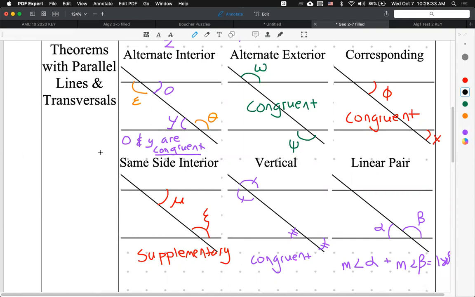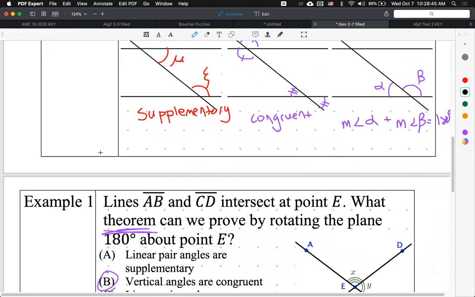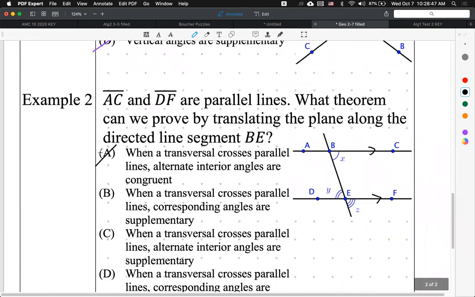Moving sounds like translating, and we're only translating. It's probably going to be corresponding angles. But look at the word that I wrote down. Corresponding angles are supplementary. So that's not even a valid theorem. That's a thumbs down. Can't do it.